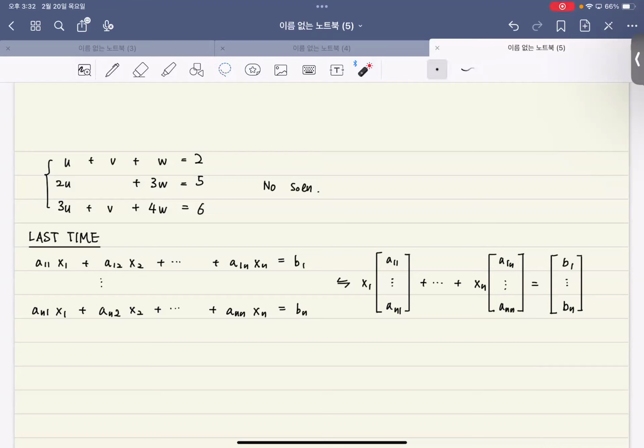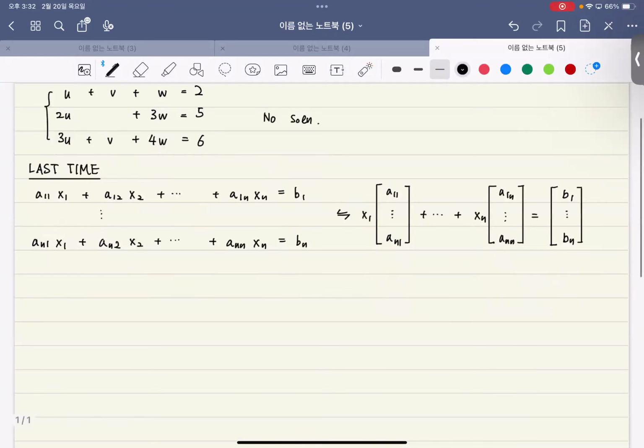This system of equations can be translated to a linear combination of column vectors, linear combinations of these columns equal to the column on the right, just like this. And there are two singular cases. The first case is no solution.